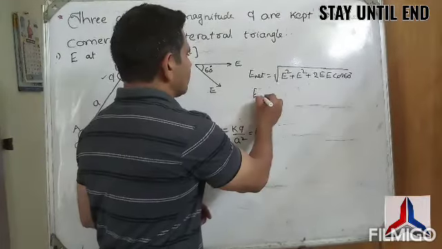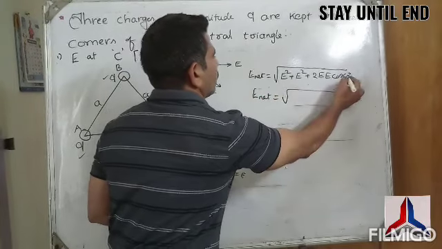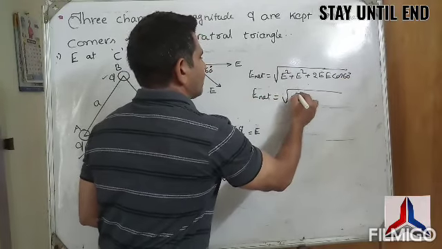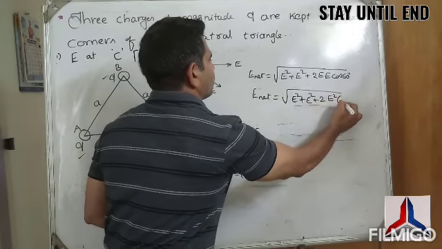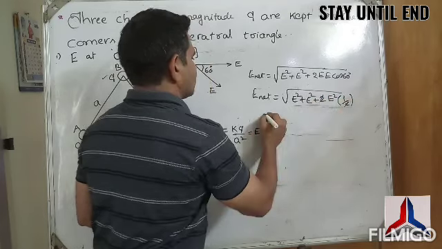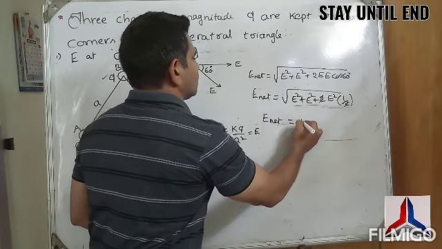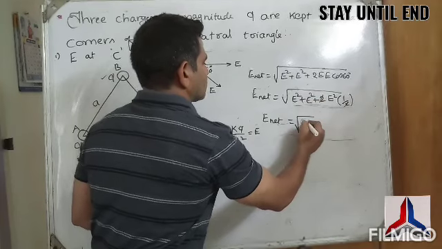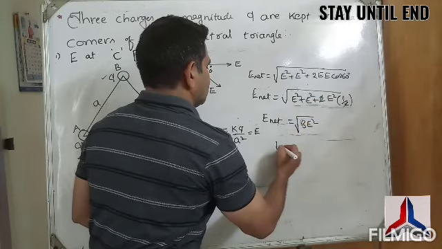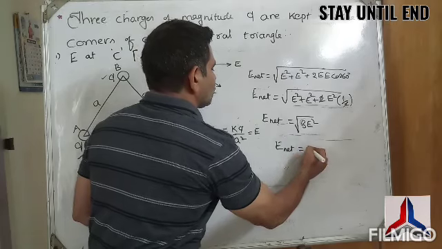Therefore E net is equals to root over E square plus E square plus 2E square into 1 by 2. So this one cancels. E net is equals to root of 3E square. E net is equals to E root 3.